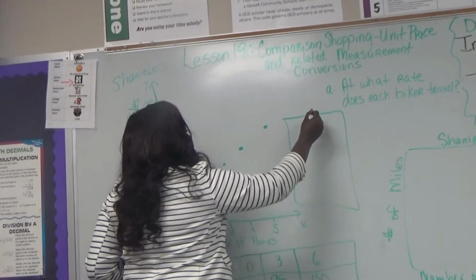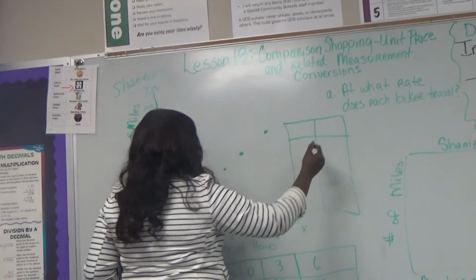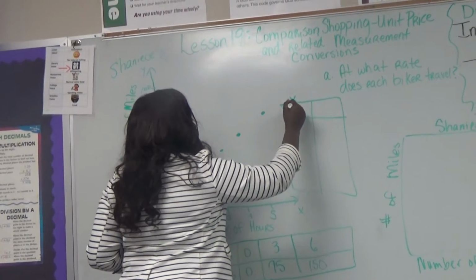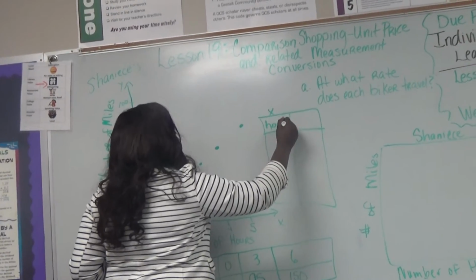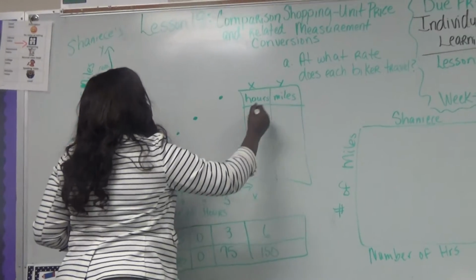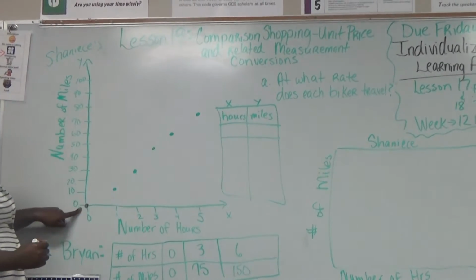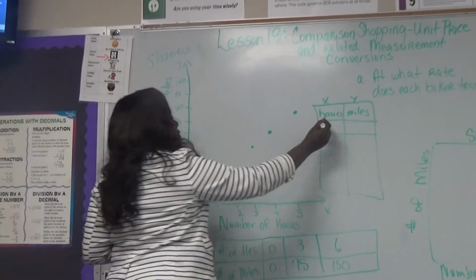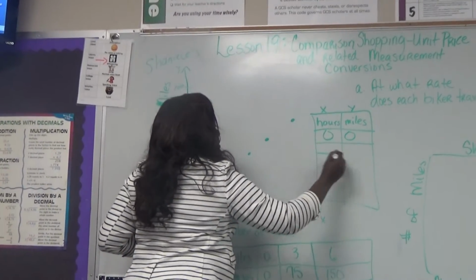I'm going to label it hours for my x column, and on my y column, I'm going to label this miles. So when she went 0 hours, she also went 0 miles. That would be 0, 0.